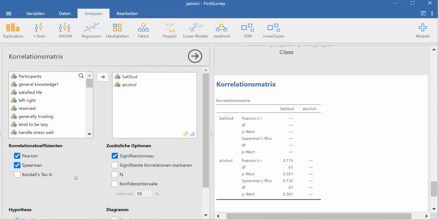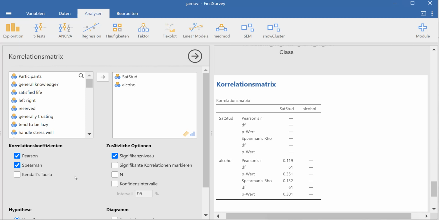Are reserved persons happier in life than people who are very outgoing? I would expect that people who are outgoing are a little bit happier in life. But these are just hypotheses that you can evaluate with a correlation coefficient of Pearson because they are all interval scaled. So practice that a little bit so that you get used to this procedure.